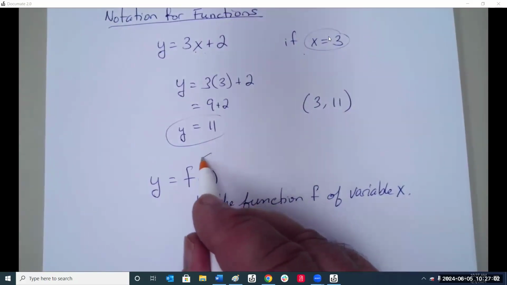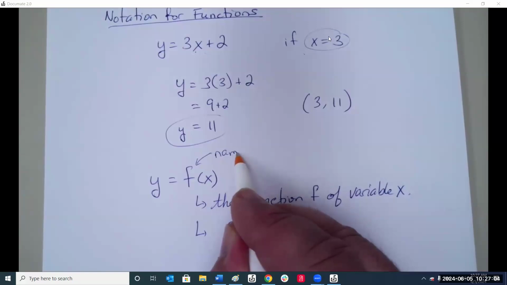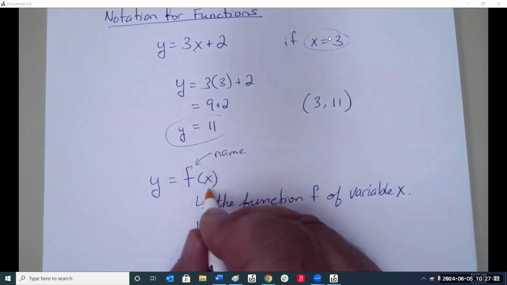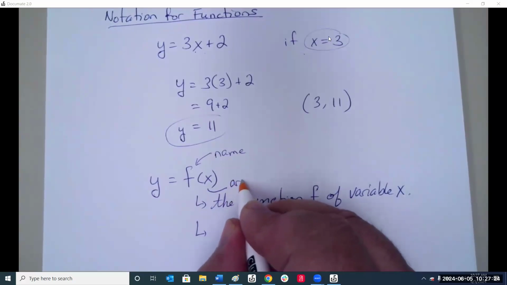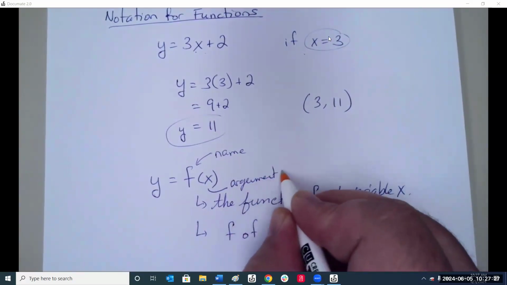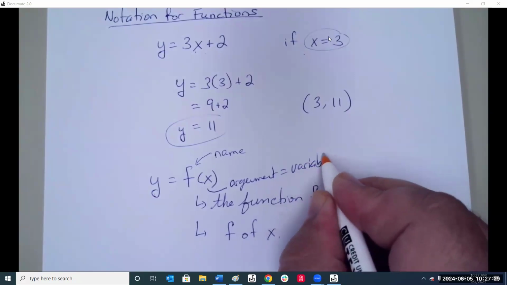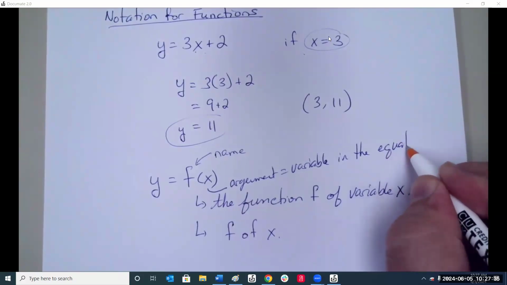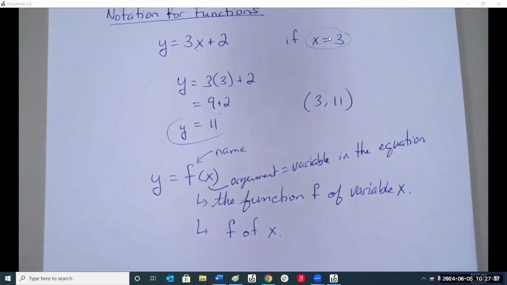The name of the function can be anything you want it to be. It could be G, it could be H, it could be A, it could be B. Just don't use X though, because X is the variable. And the argument for the variable in the equation is inside the parentheses.